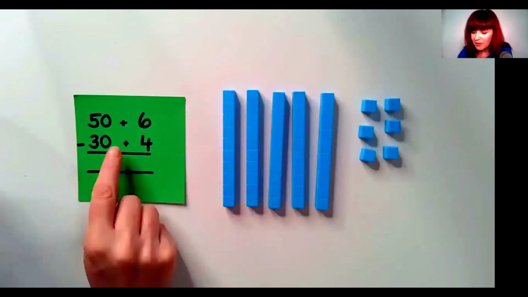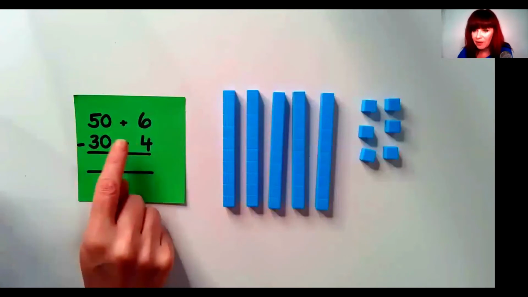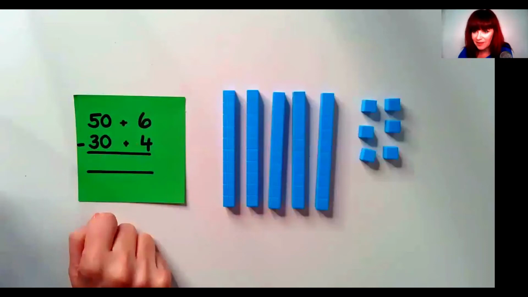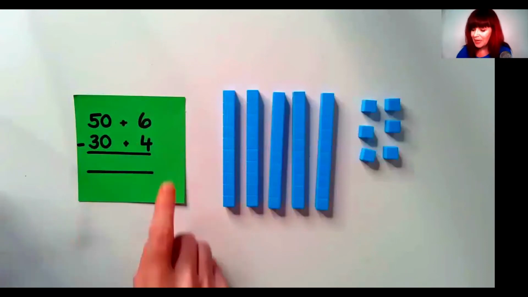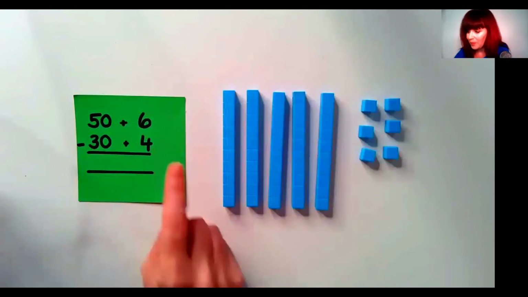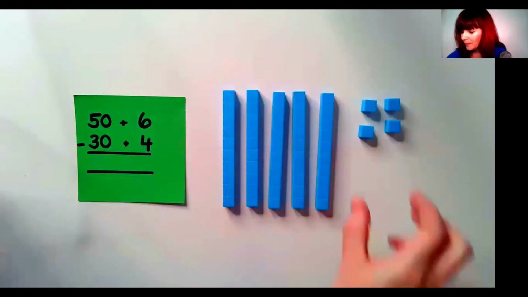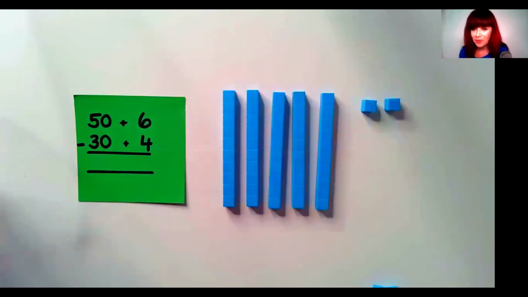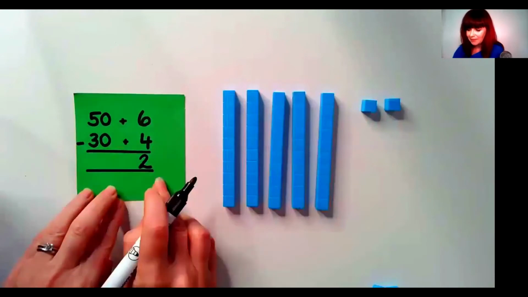So you might notice there are small little plus signs there, and that's just because this number is actually 56 and we have partitioned it into tens and ones, and that's just to remind children that it is still 56. So we start in our ones column. We've got 6 ones and we need to subtract 4 ones. How many ones do we have left? We have 2 ones remaining.